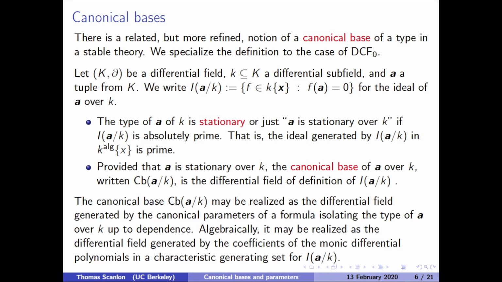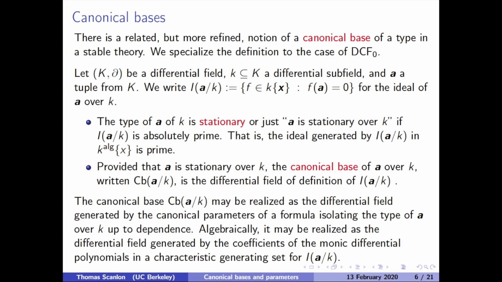Okay, so how do you realize it? There are a couple of ways that you might do it. We start with the algebraic description. Algebraically, what you can do is find a characteristic generating set.